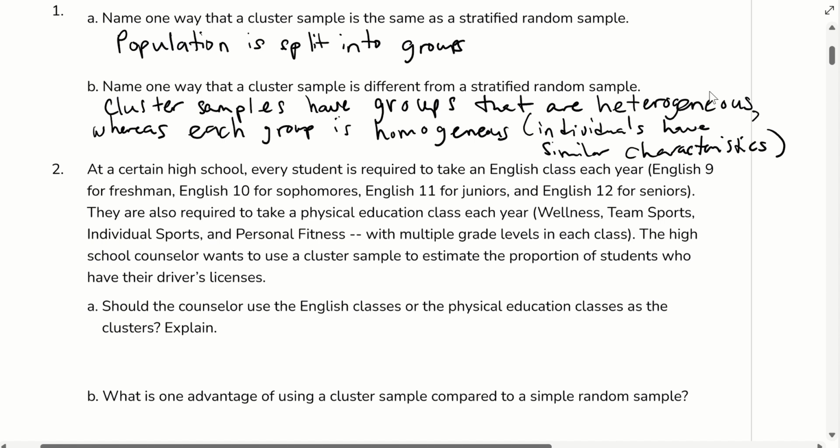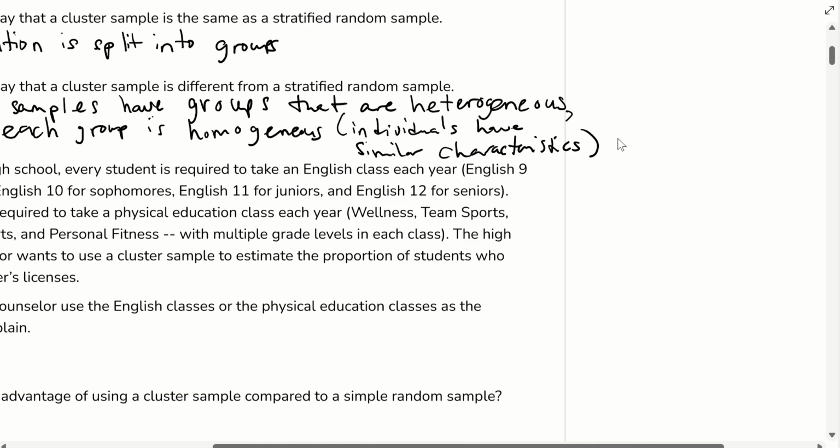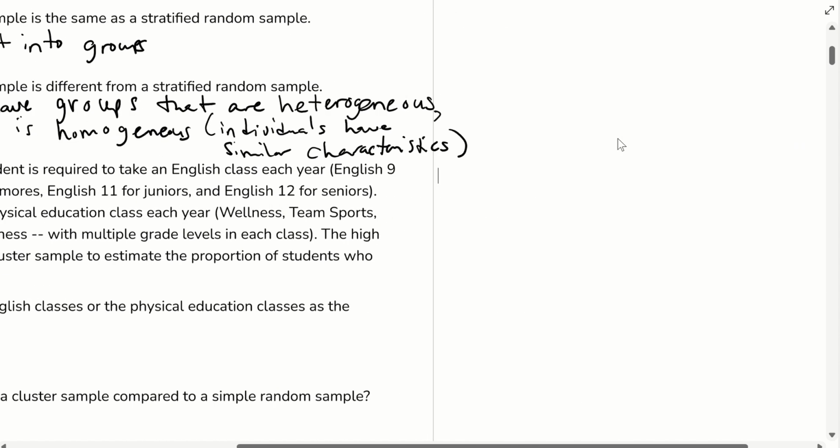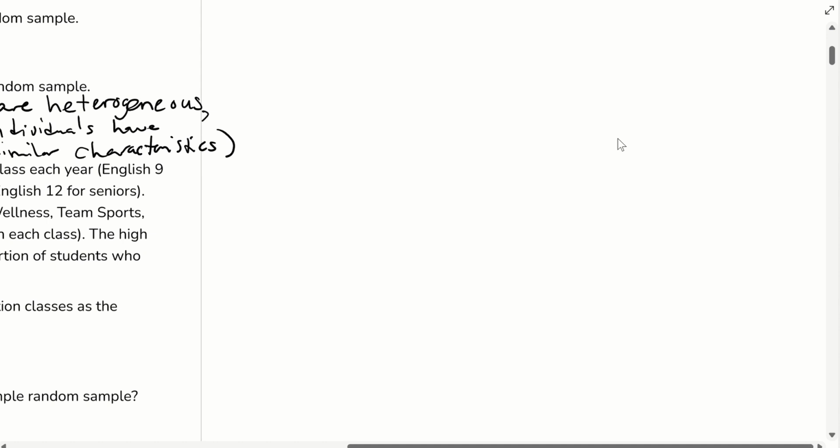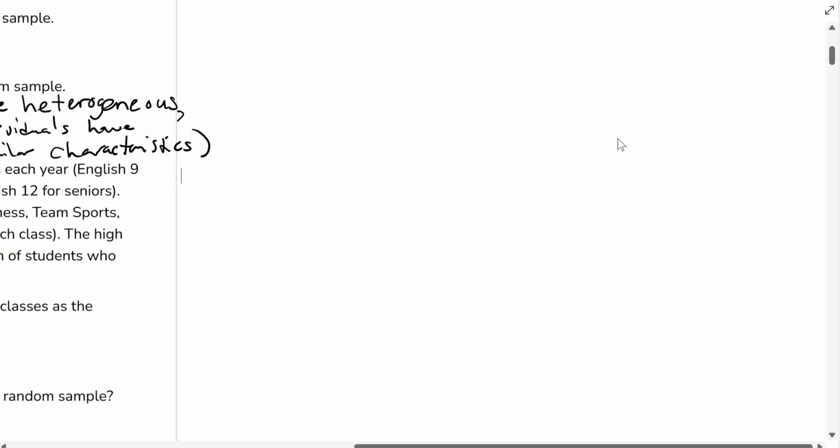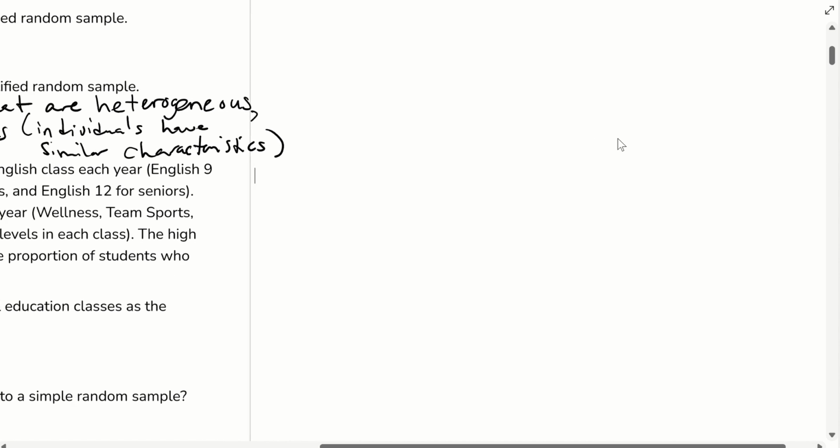So I'm going to also mention another thing here. This is one way, so we'll explain another way as well. A cluster sample basically takes a simple random sample of groups and then selects everybody from that group, whereas a stratified sample selects a simple random sample from each group.